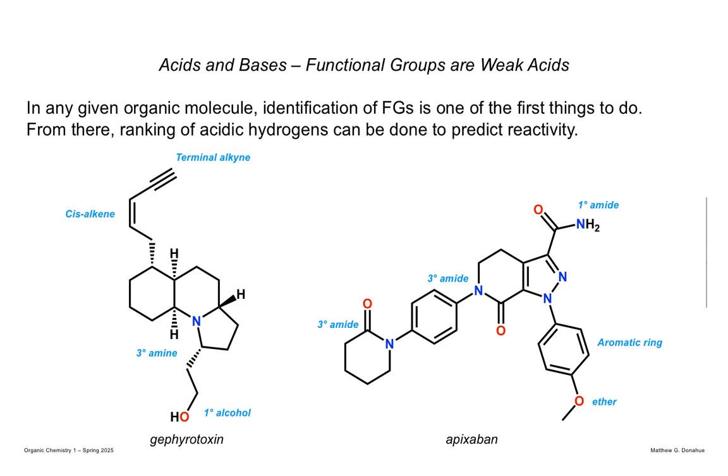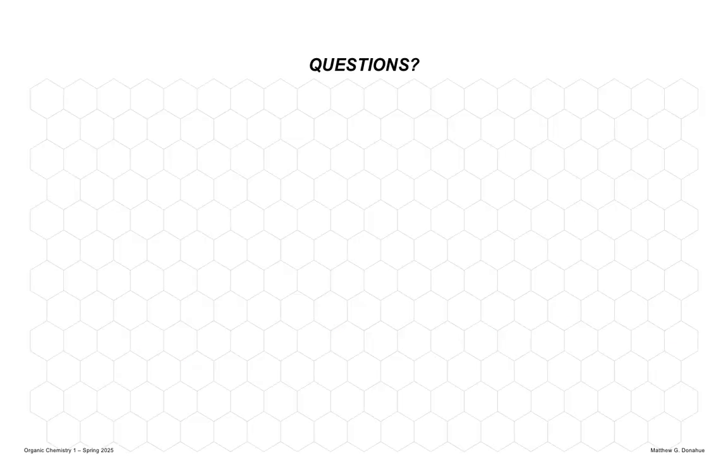Think about where they would occur in the carbon NMR, the proton NMR. All of that, we're still going to rely on moving forward. Questions so far?